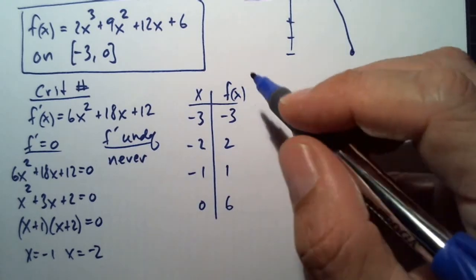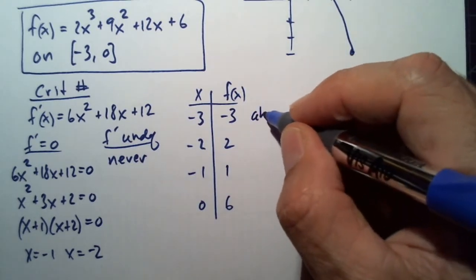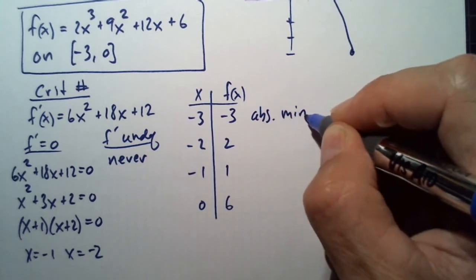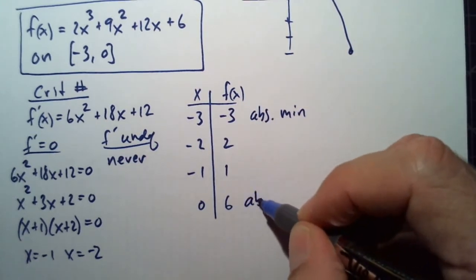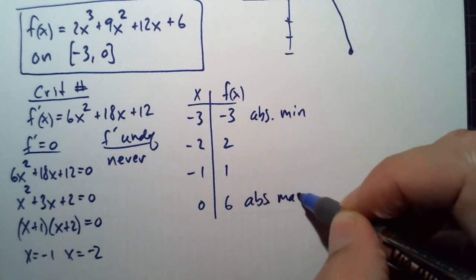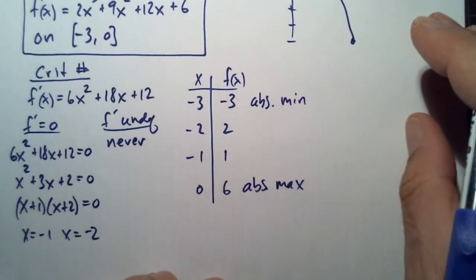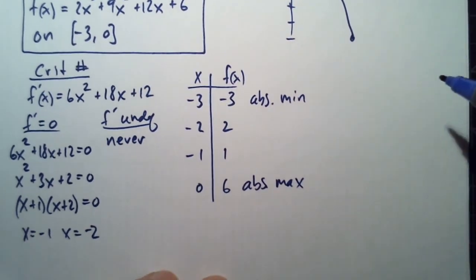So we look for the lowest y value, and that'll be the absolute minimum. The highest y value is the absolute maximum. And we could look at the graph.